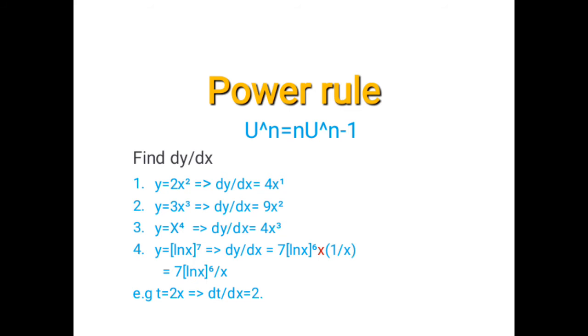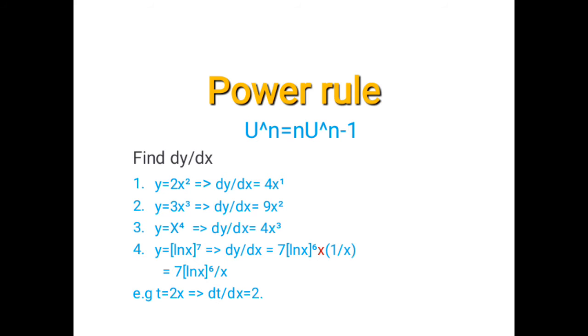You also have to know that when you are differentiating something, for example, if you're given an equation like t equals 2x, it won't be dy on dx at that point, but rather it will be dt on dx. What the equation is equated to is what comes first.